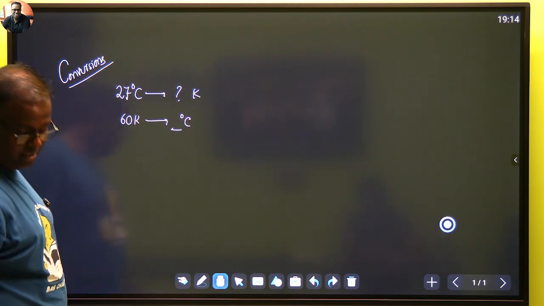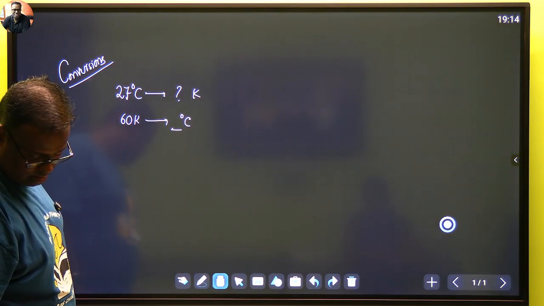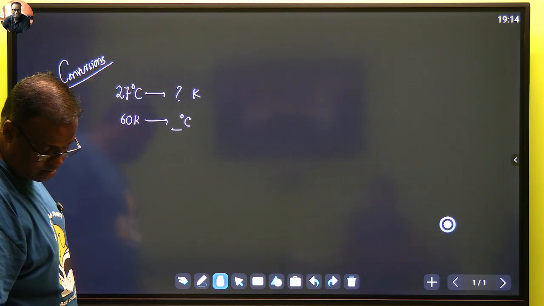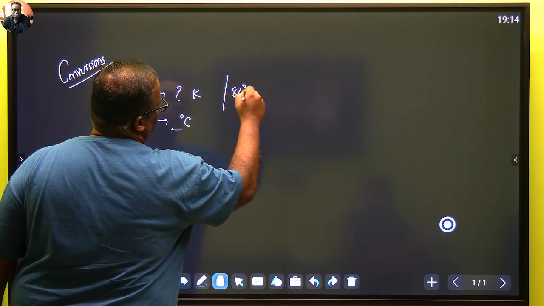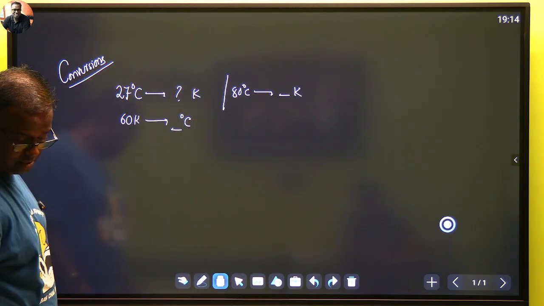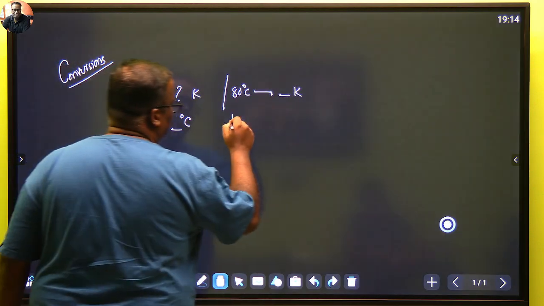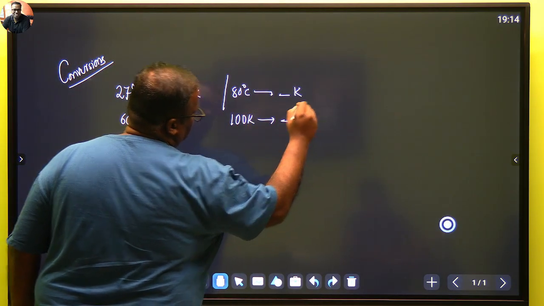Do not write degree with Kelvin. 80 degrees Celsius, convert it into Kelvin, and 100 Kelvin, convert it into degrees Celsius.